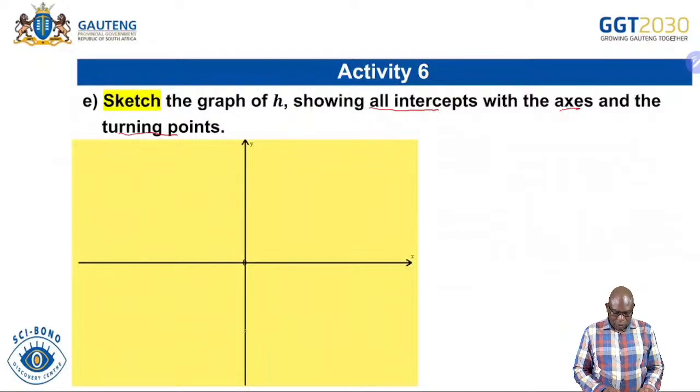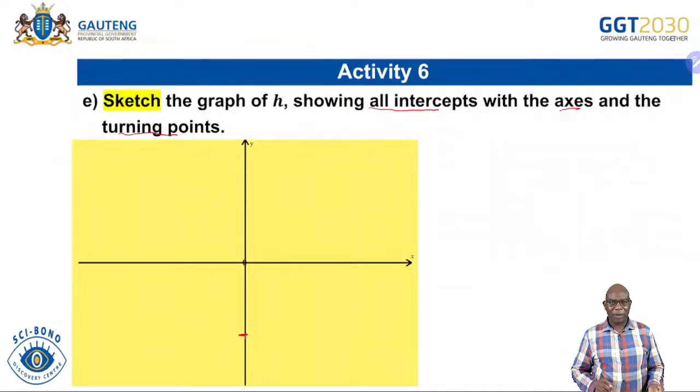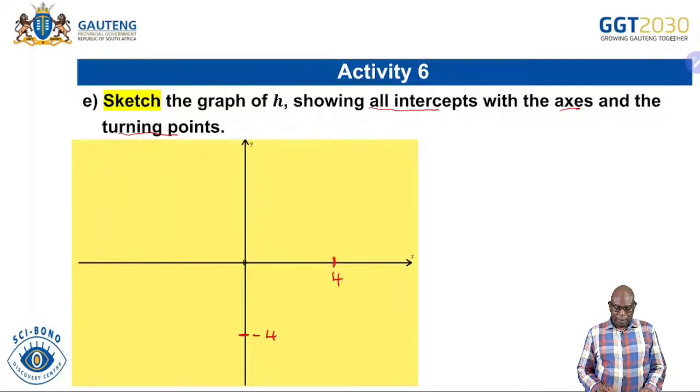I said this one is going to be a negative 4. Remember, in your exam, your sketch will be up to scale. Then we said we have a 1 there.